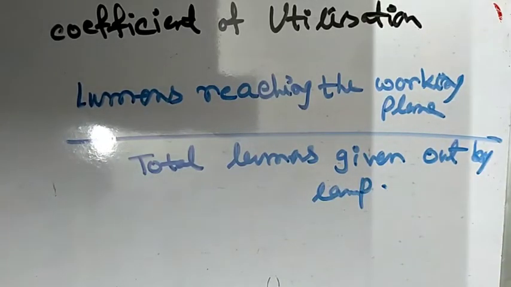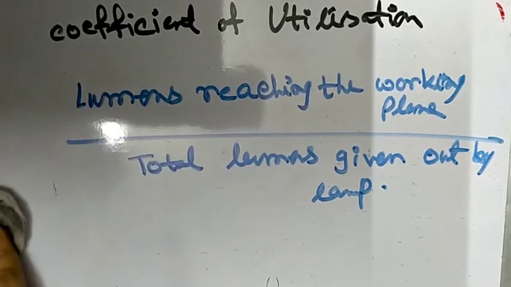Coefficient of utilization is high for large rooms having light colored walls and low for small rooms with dark colors. Now next is the space height ratio.